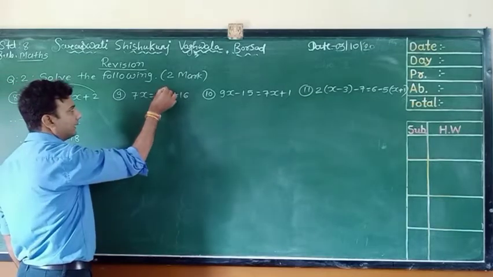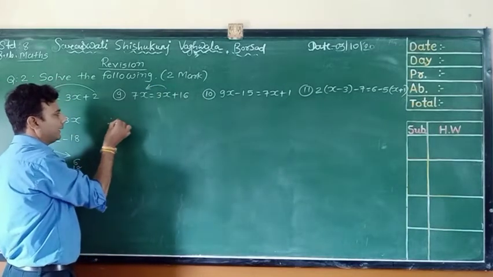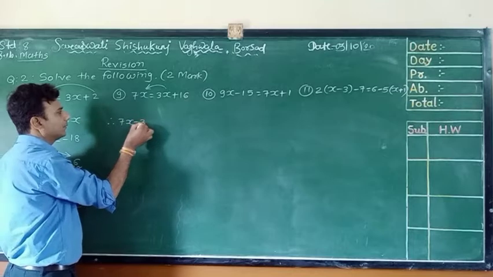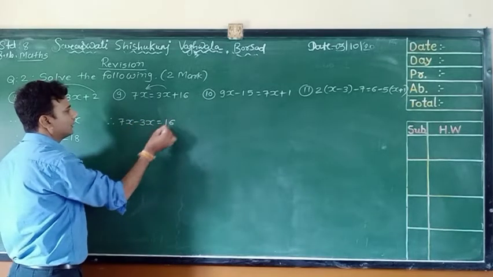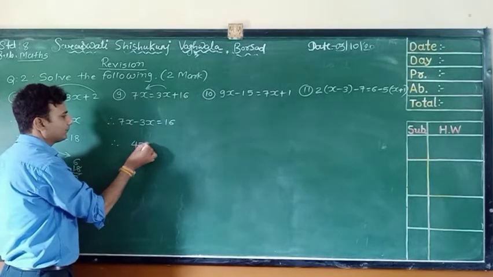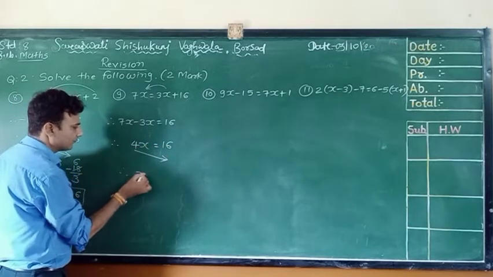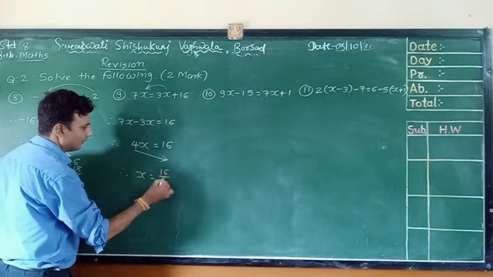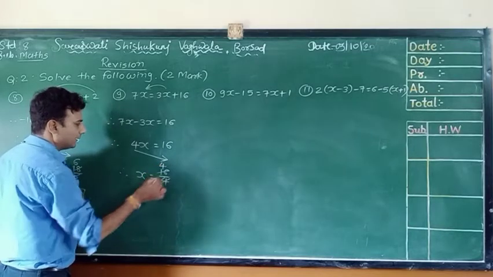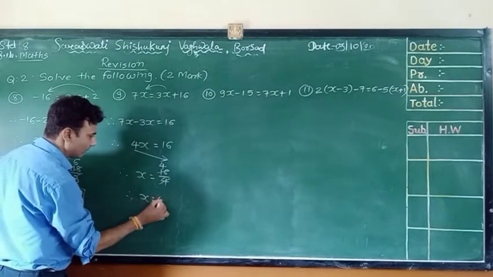Clear? Now plus 3x is going this side, so it will become minus 3x equal to 16. 7 minus 3 is 4x. 4 is going in downside. x equal to 16 by 4. 4 4s are 16. x equal to 4.